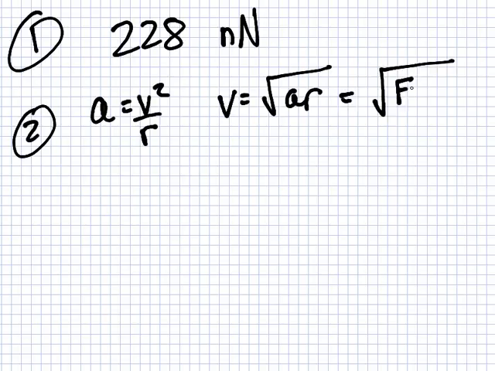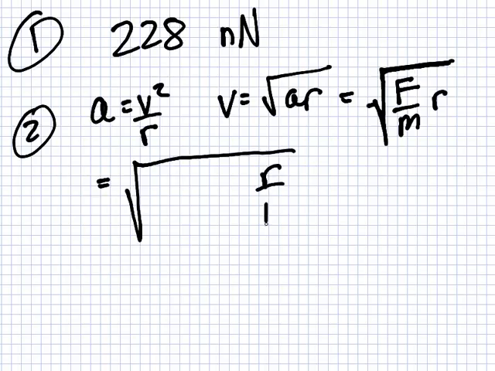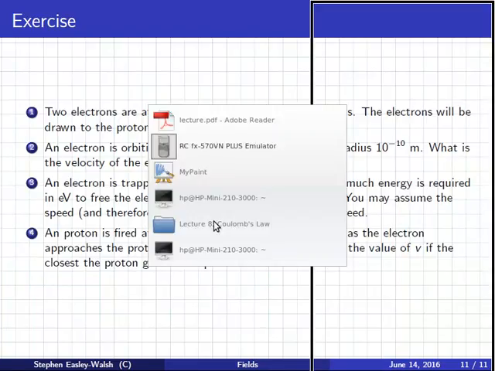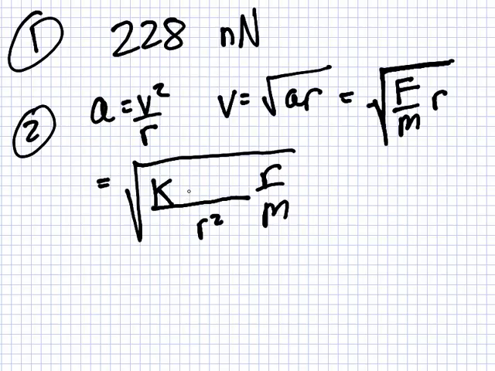It's F over m. And we know how to get the F from Coulomb's Law. It's K Q1 Q2 over R squared. Now Q1 is an electron and Q2 is 2 protons. So that's an electron and 2 protons.